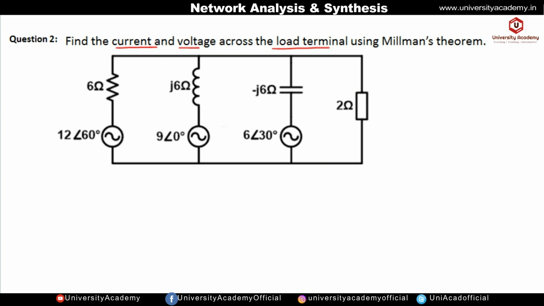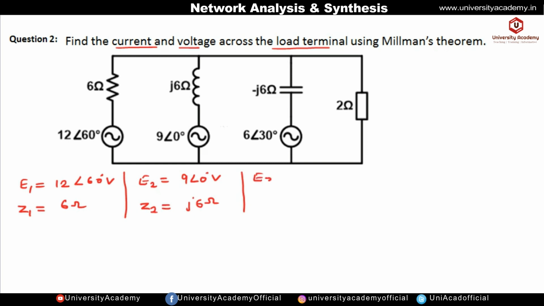Okay, so here the EMF in the first branch, that is E1, is 12 angle 60 degree volt. And the impedance of the first branch is 6 ohm. In the second branch, E2 is 9 angle 0 degree volt, and Z2, the impedance of the second branch, is j6 ohm.